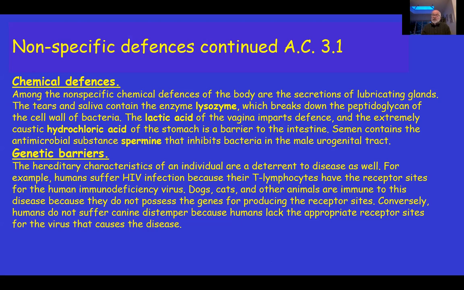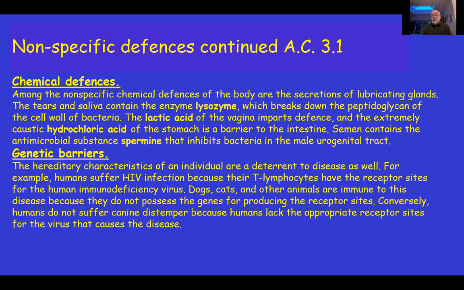Then, of course, in our stomachs, we have very caustic hydrochloric acid that changes the pH for digestion, so protein digestion can start, but also it kills any microbes entering with the food, unless the food is so contaminated that the body is overwhelmed, and that's how we get bouts of diarrhea, etc., if the body just cannot cope with so many bacteria at once.